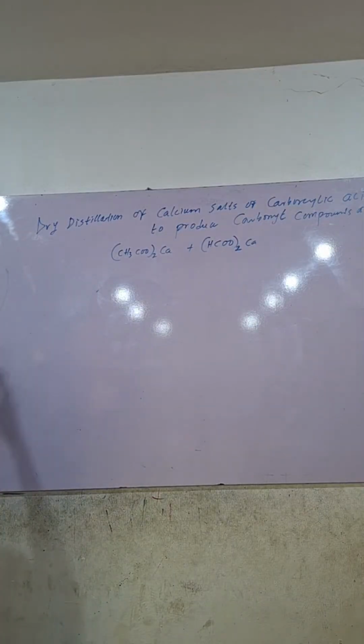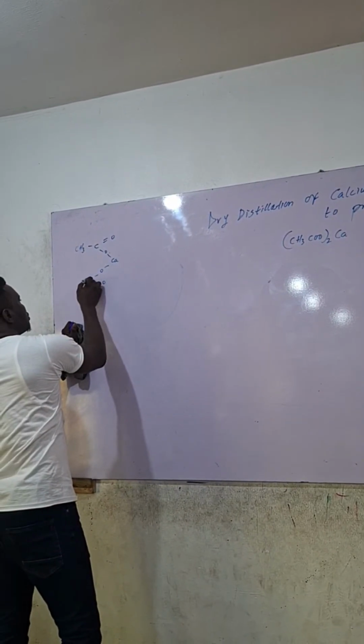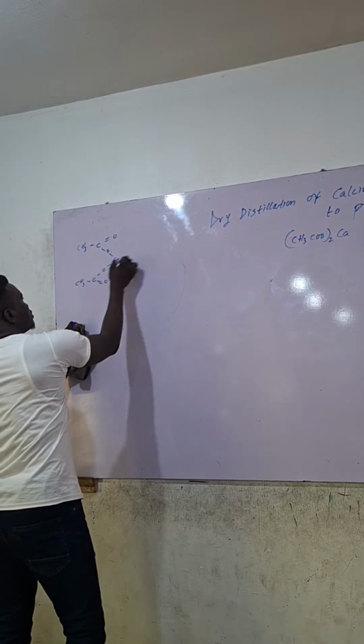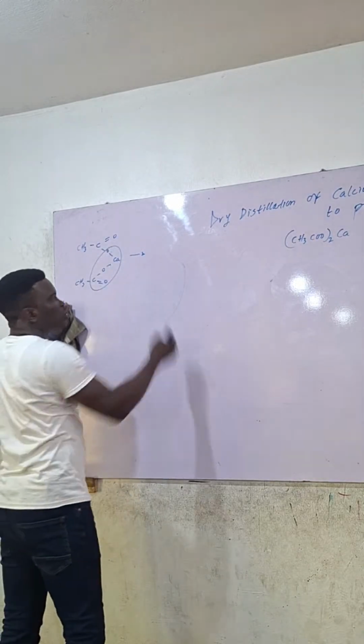Let's get a product for the first one. Common thing we used to do. Write CH3, C double bond O, O, Ca, O, C, double bond O, CH3. For this, when you remove the CaCO3, you will get propanone.